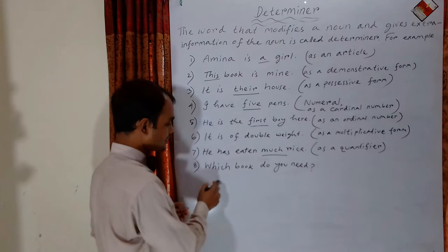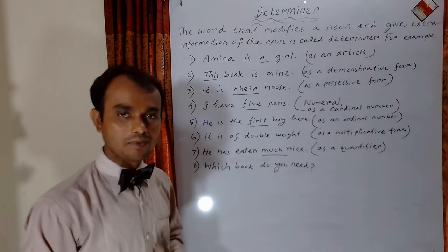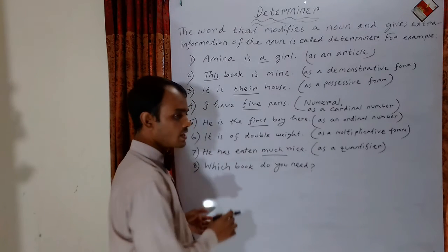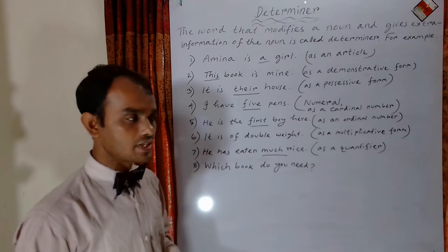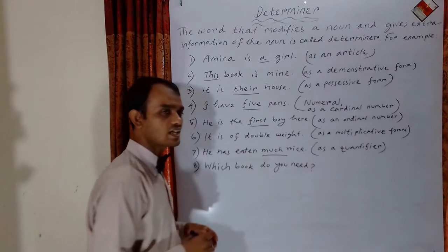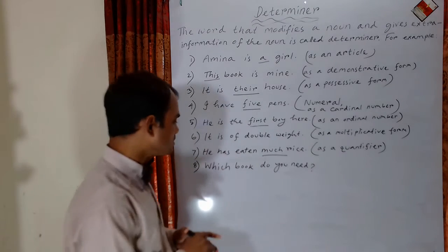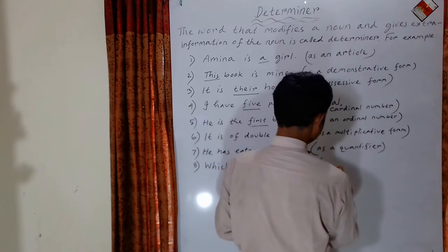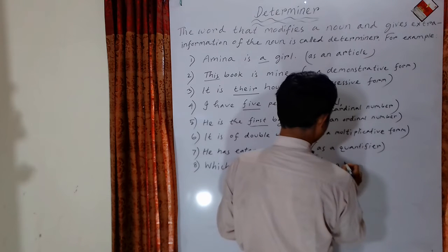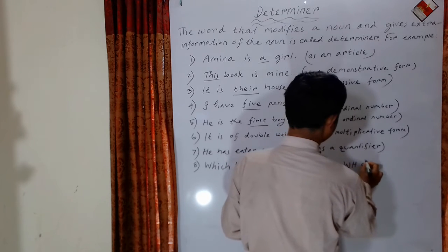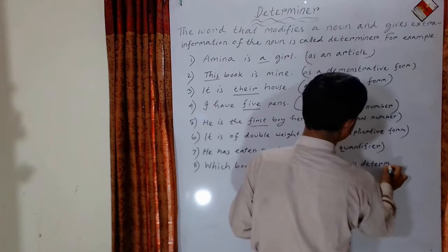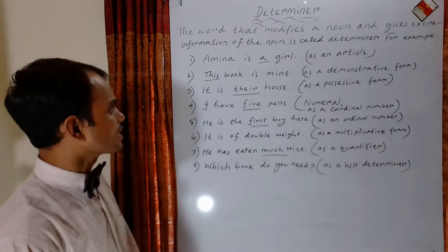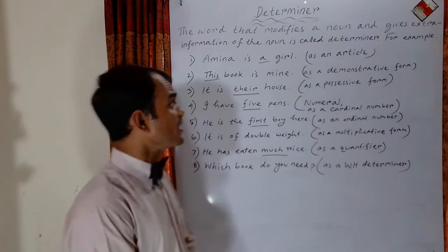In this sentence, which is a WH determiner because this word is modifying the noun book and also giving extra information of the noun book. For this reason, the word which is a determiner as a WH determiner.